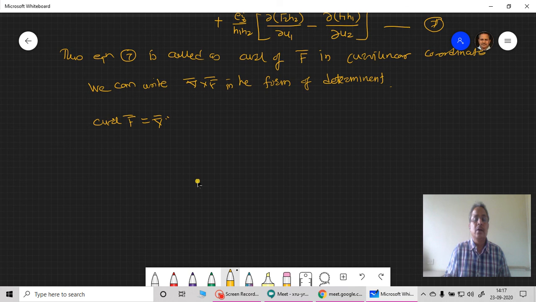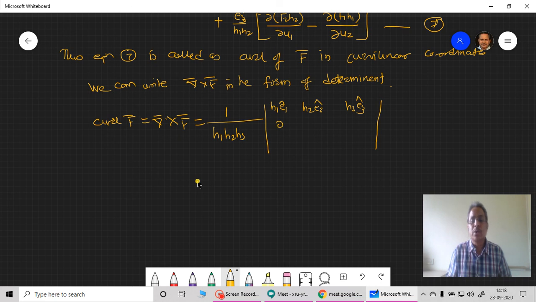Curl, del bar cross f bar, is equal to, it's very simple, 1 upon the product of these three scale factors h1 h2 h3, and now the determinant: here it is h1 e1 cap, h2 e2 cap, and the third component is h3 e3 cap. This is my first row.